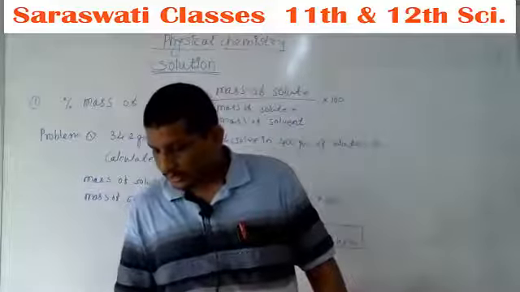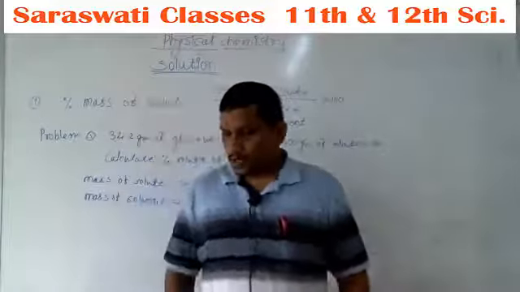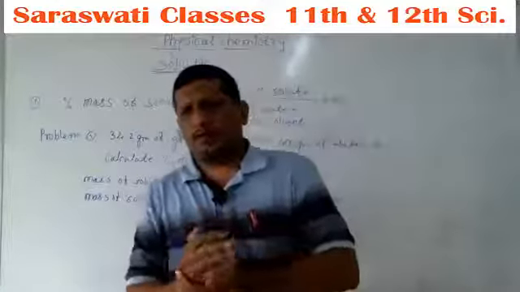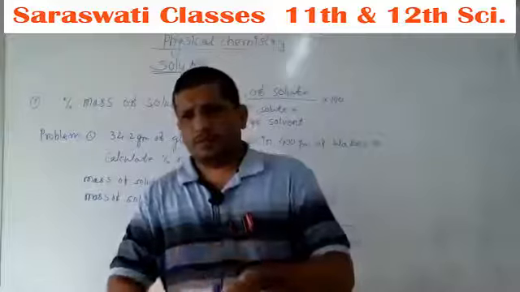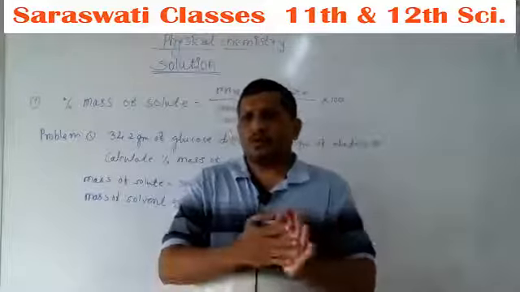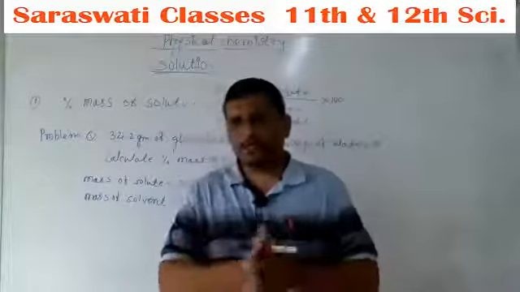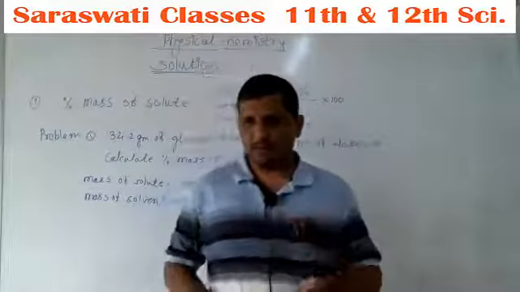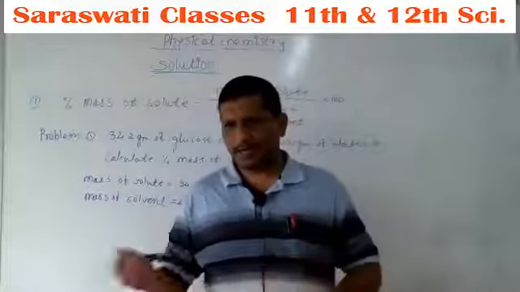Here this formula is explained, and you know the molarity and normality formulas well. Molarity is equal to the number of moles of solute divided by volume of solution in liter, or dm cube.